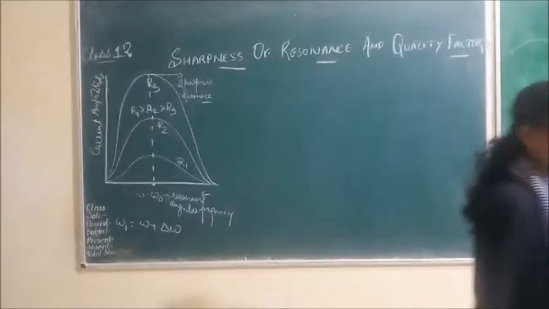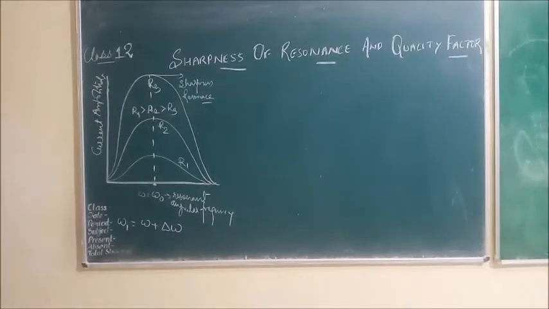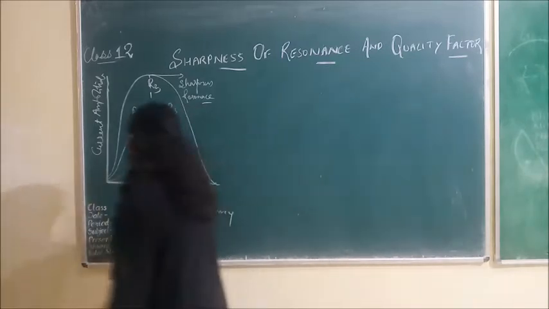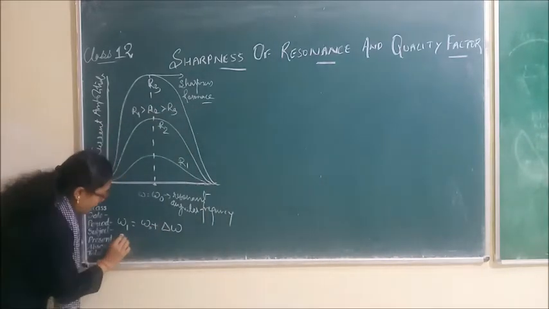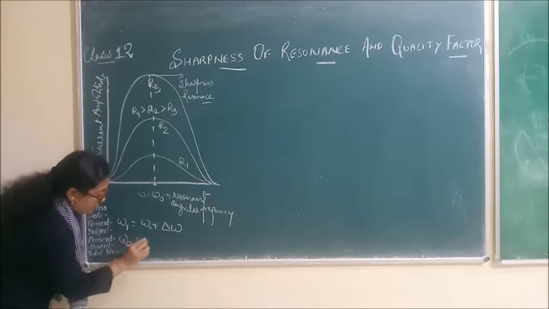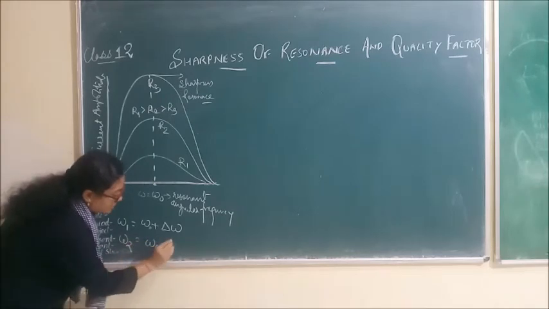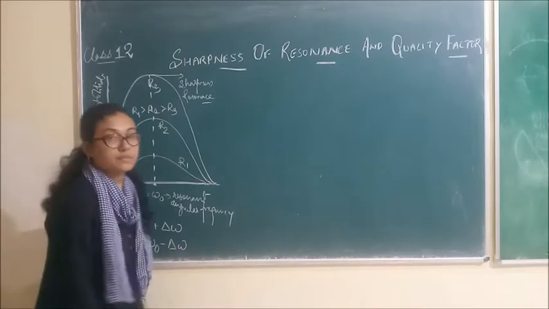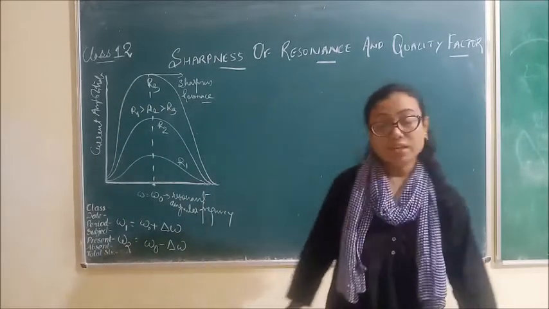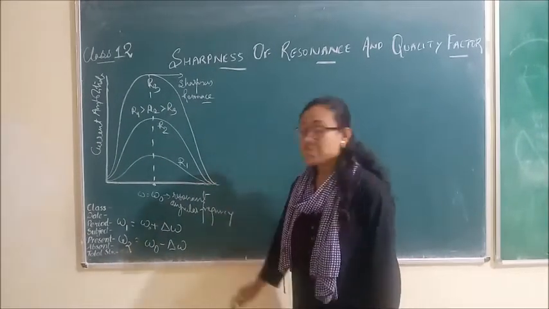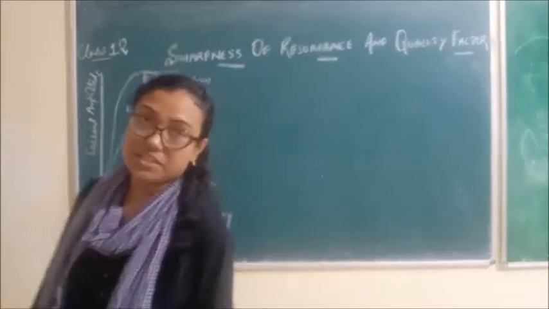See, omega naught plus del omega. And in case of omega 2, it is omega naught minus del omega. Do you understand? It means in one variation I get positive, in another variation I get negative.